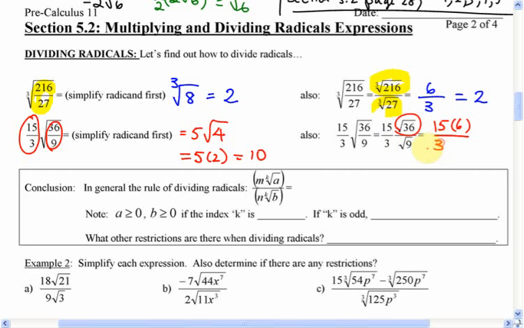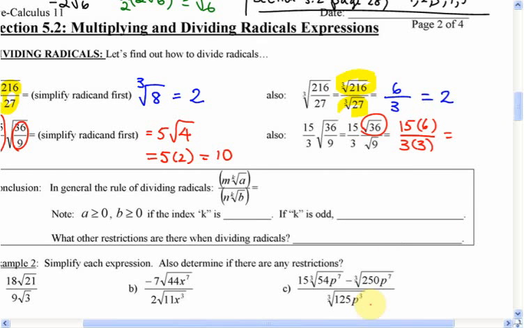And then we have 3, and the square root of 9 is also a 3. So in this case, we can do the following. 15 times 6 is 90, and 3 times 3 is 9. So 90 divided by 9 is 10. Okay. All right, there you go.